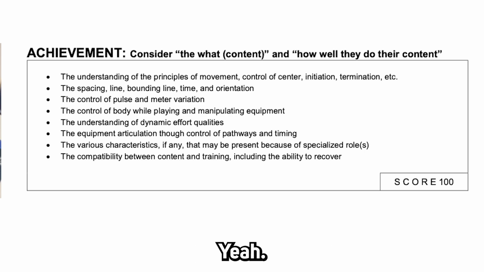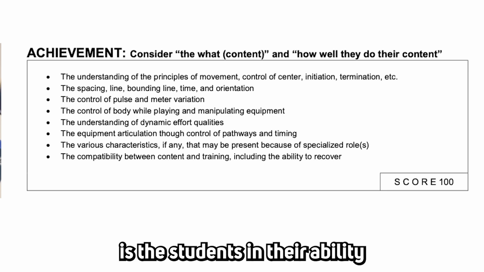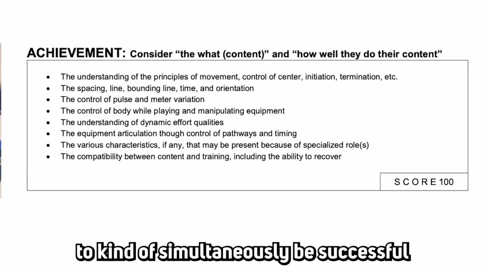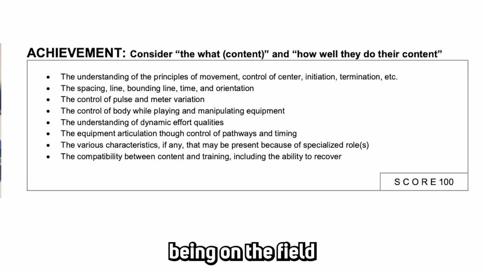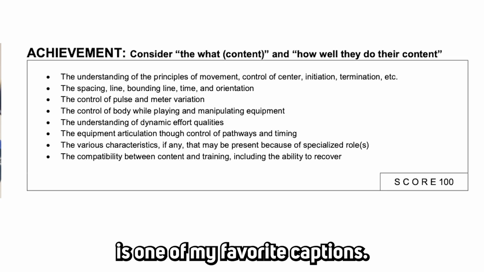When you're on the field as a judge, that becomes sometimes the most impressive thing that we ever see, the students and their ability to kind of simultaneously be successful with their visual and musical responsibilities. It is a joy to judge for sure. That's why being on the field is one of my favorite captions.